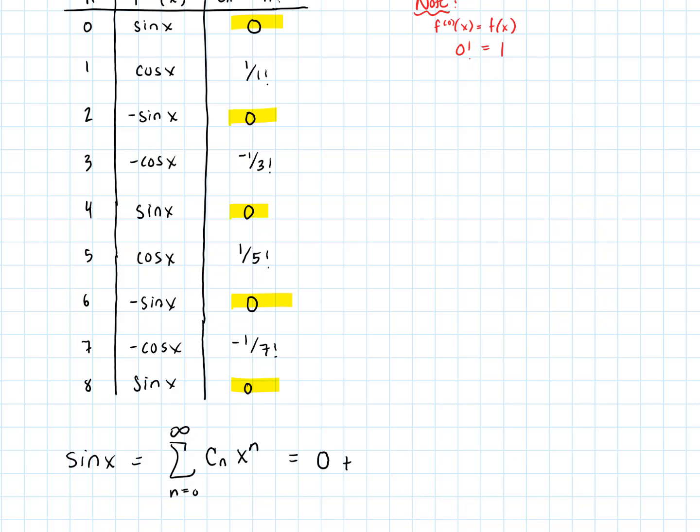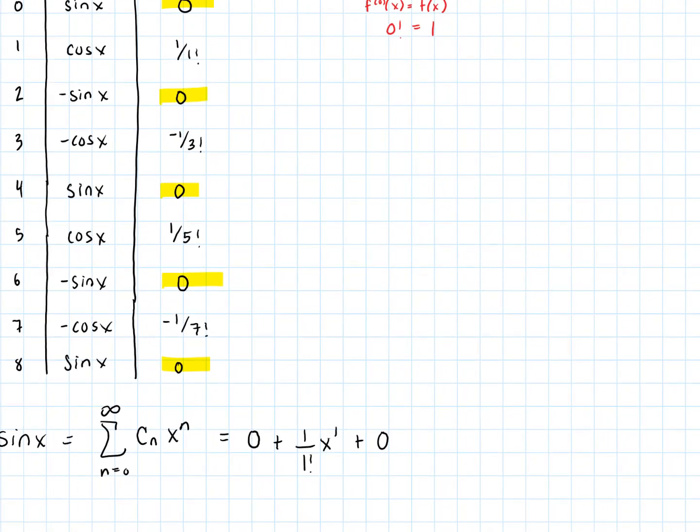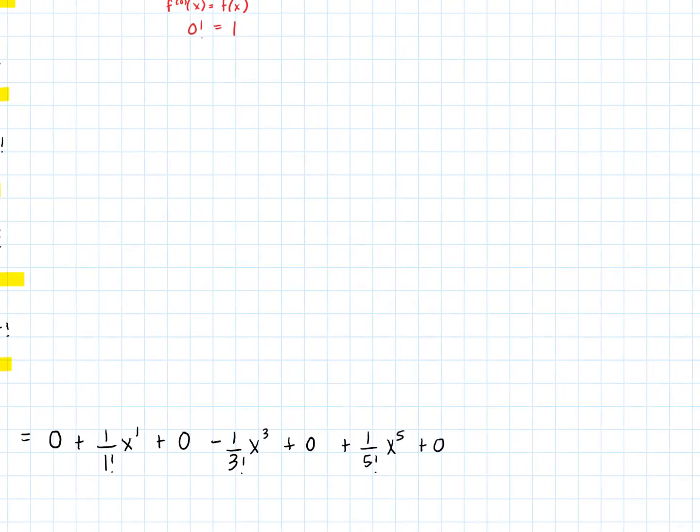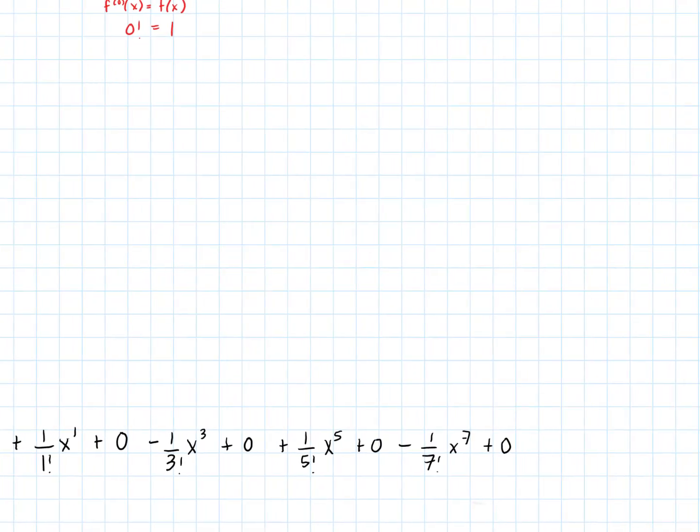And then we're going to have plus 1 over 1 factorial times x to the first, plus 0, minus 1 over 3 factorial times x to the third, plus 0, plus 1 over 5 factorial times x to the fifth, plus 0, minus 1 over 7 factorial times x to the seventh, plus 0. And we can see what the pattern is.